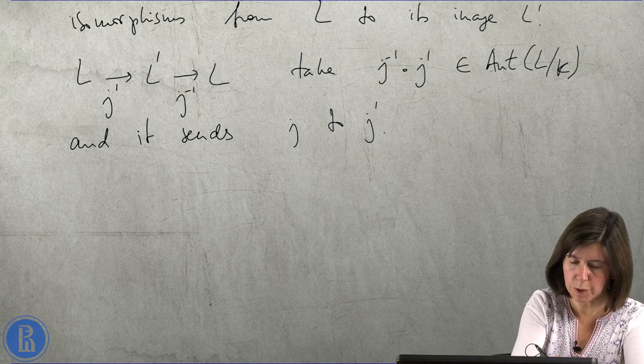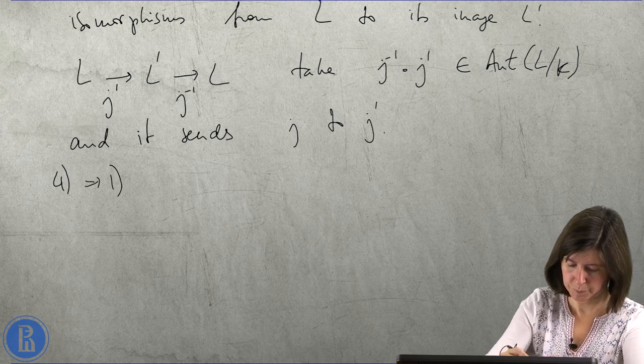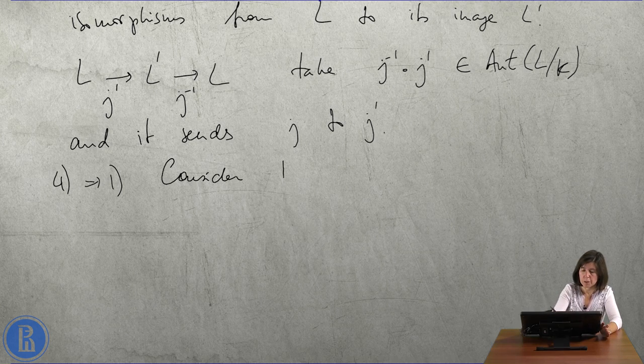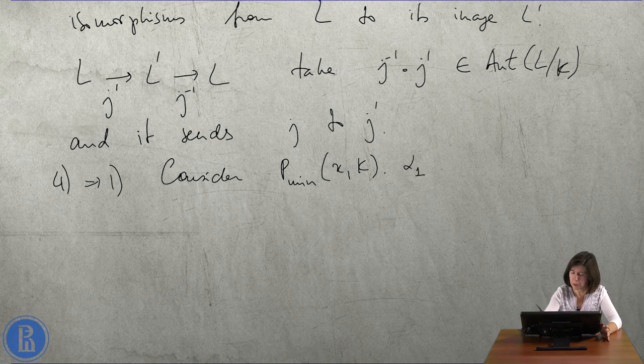Finally, 4 implies 1. I have this transitive action and I have to prove that any minimal polynomial splits. So consider the minimal polynomial of x in K. Let alpha_1 and so on, alpha_n, be roots in K bar.